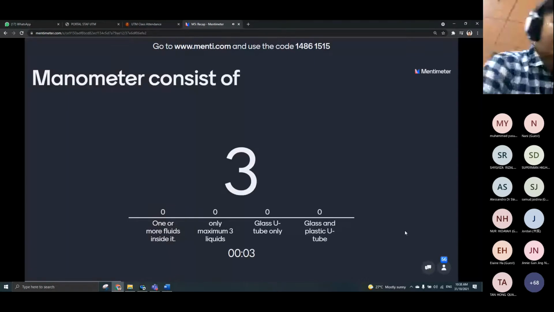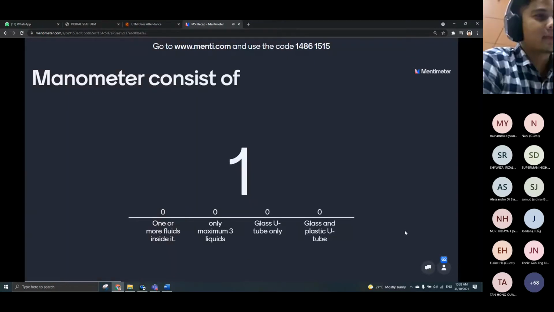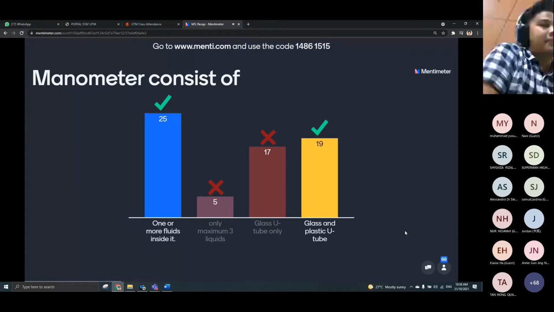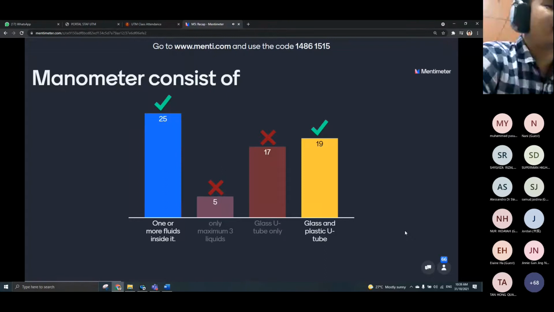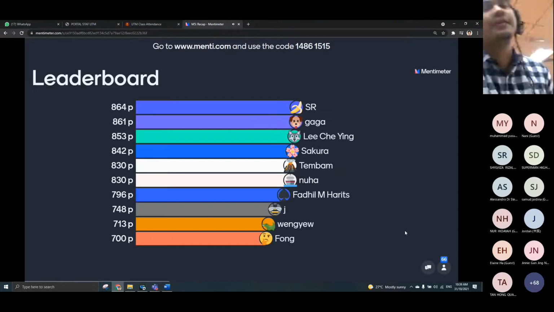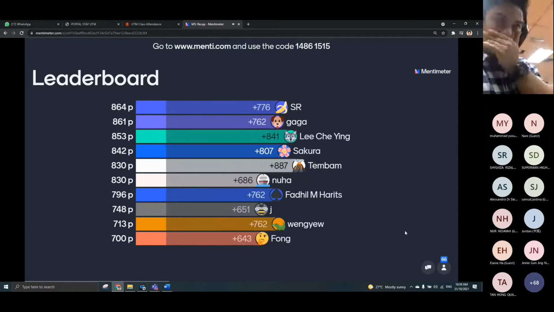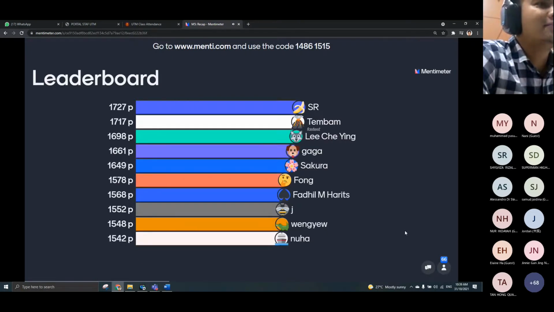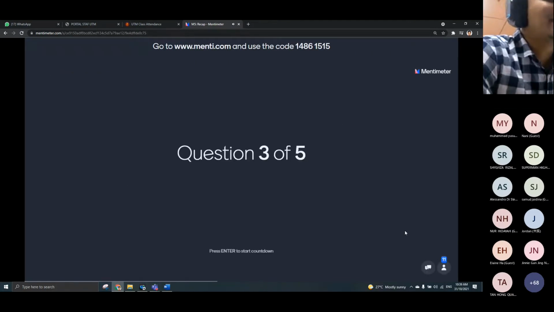Maybe there could be two answers. Manometer consists of one or more fluids and is made of a glass or plastic U-tube. Okay, we have SR. Tembam is the fastest one. Excellent. We have Noha as well.